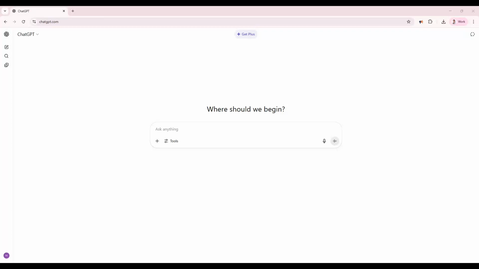To get the most constructive feedback, it's really important to provide the right background information to ChatGPT first. So we're going to do that with this prompt that I'm just about to type in.